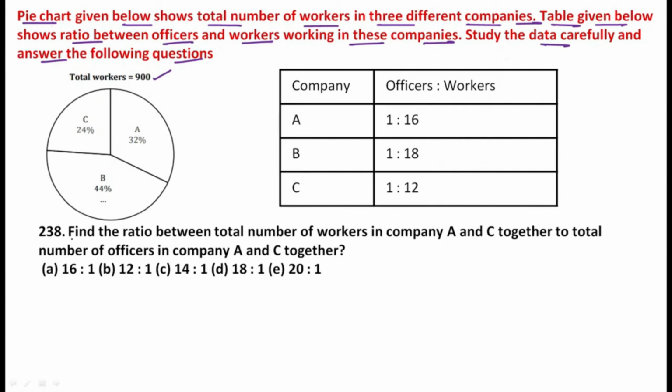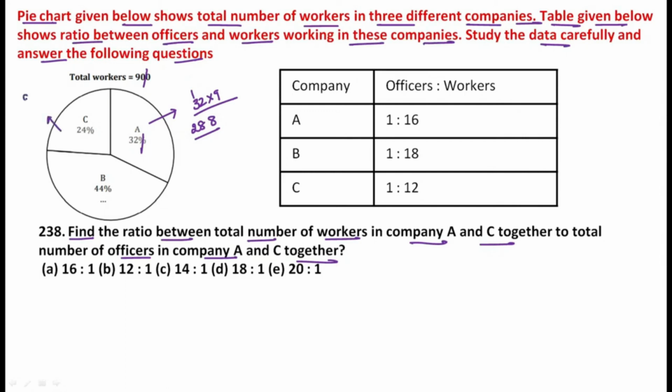Let's see the question. Find the ratio between the total number of workers in companies A and C together to the total number of officers in companies A and C together. Now see, A is 32 percent, so the percentage zeros cancel. The number of workers is 32 into 9. 9 twos are 18, 9 threes are 27, 288 members.